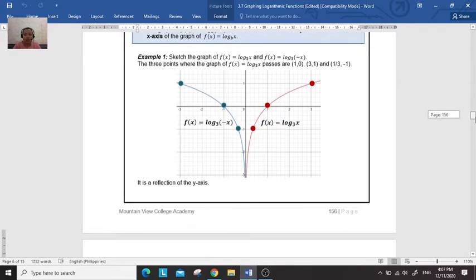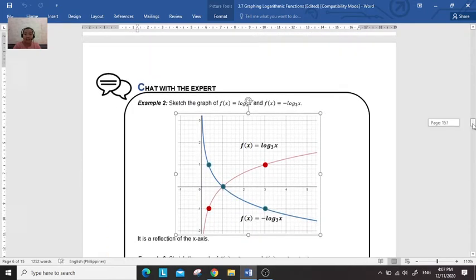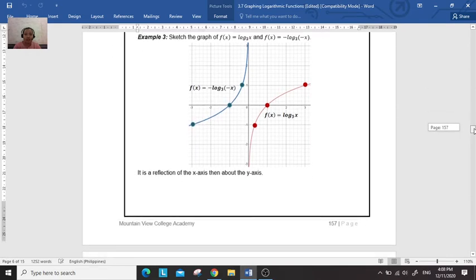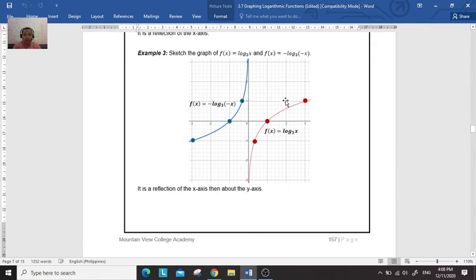So it is like the glide. If you look at it, this is the pre-image. The reflection of this is this one about the y-axis, then of course we are going to glide it.